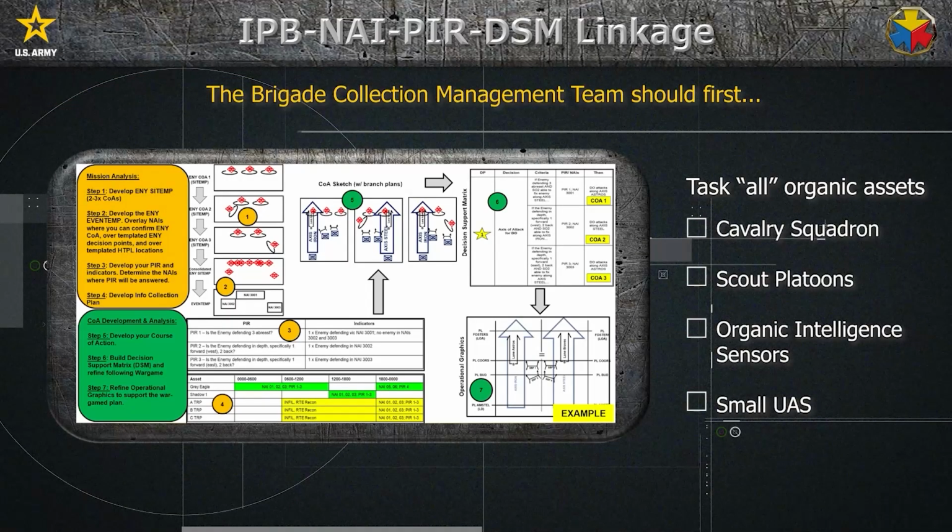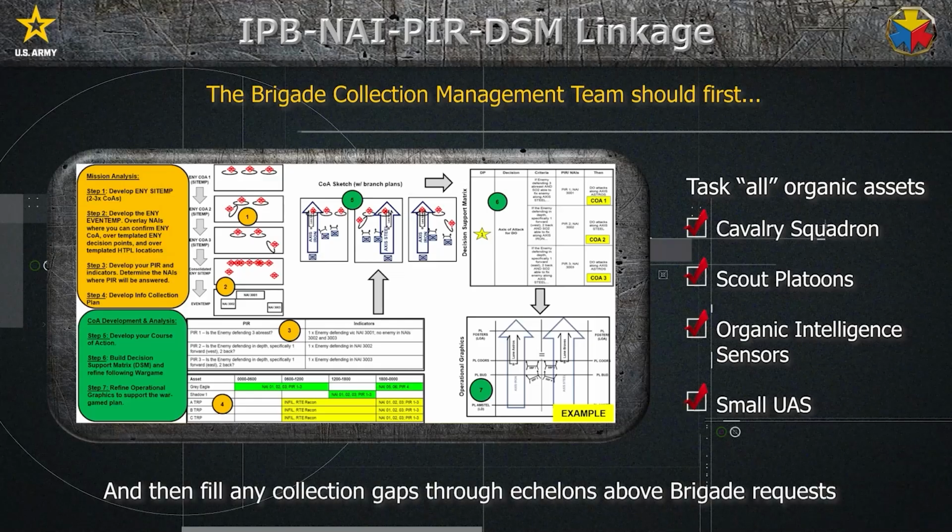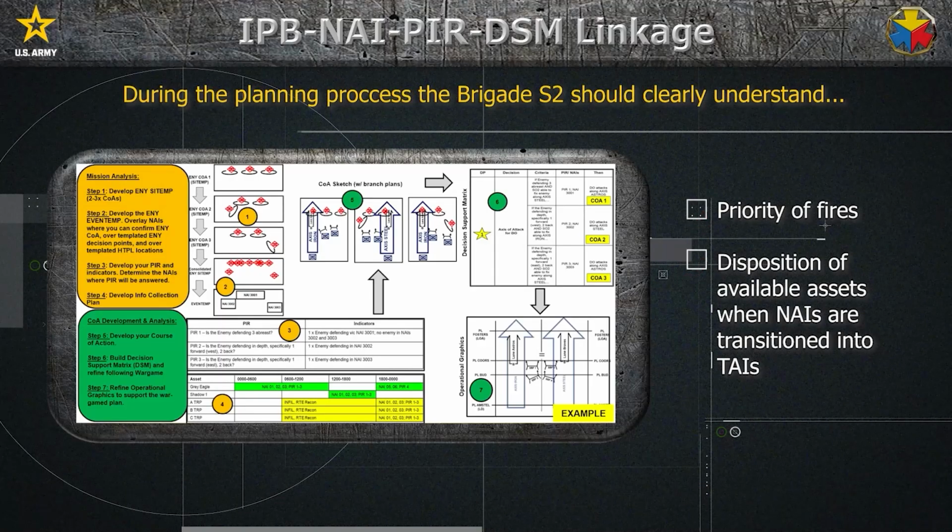The Brigade Collection Management Team should first task all organic assets, including the cavalry squadron, scout platoons, organic intelligence sensors, and small UAS, and then fill any collection gaps through echelons above brigade requests. During the planning process, the Brigade S2 should clearly understand the priority of fires and the disposition of available assets when NAIs are transitioned into TAIs, or target areas of interest.